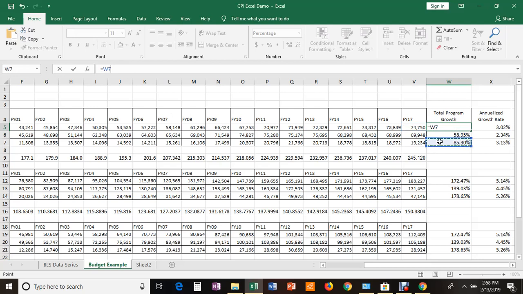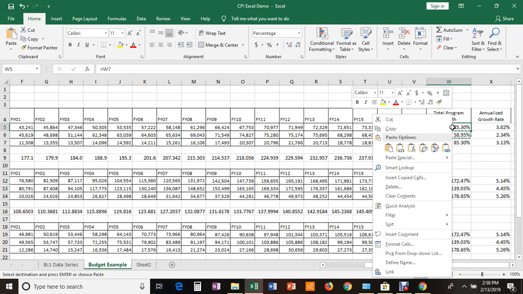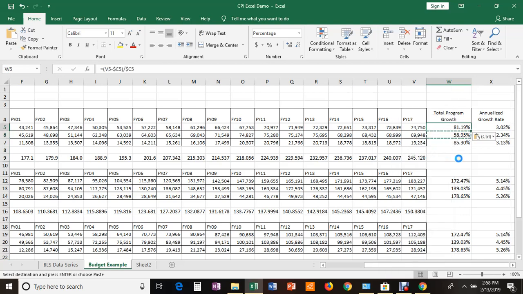And so what that tells me, oops, I messed up there. Okay, there it is. What that tells me is that I'm going to have to fix that. Let me copy that formula in there again. Okay. What that tells me is that growth was 81.9%.